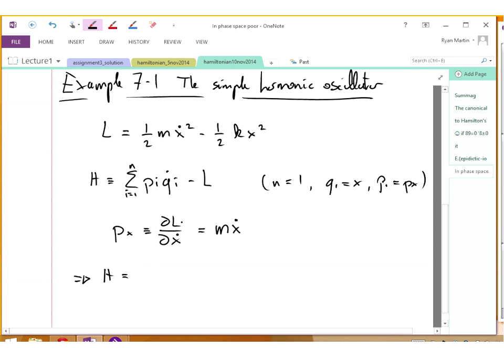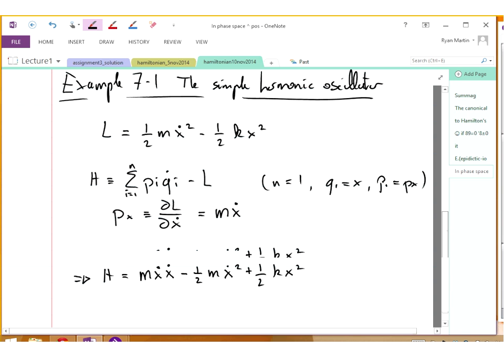I have m x dot, that's Px, times Q dot, which is x dot, minus the Lagrangian, which is a half m x dot squared minus a half k x squared, so that'll be a plus a half k x squared.